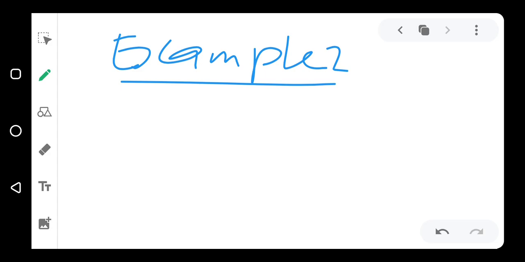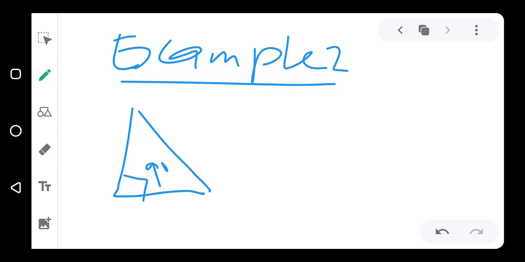For instance, we can have something like this, then they will intentionally give us the hypotenuse. You see that this side is facing the right angle, the 90 degrees here.